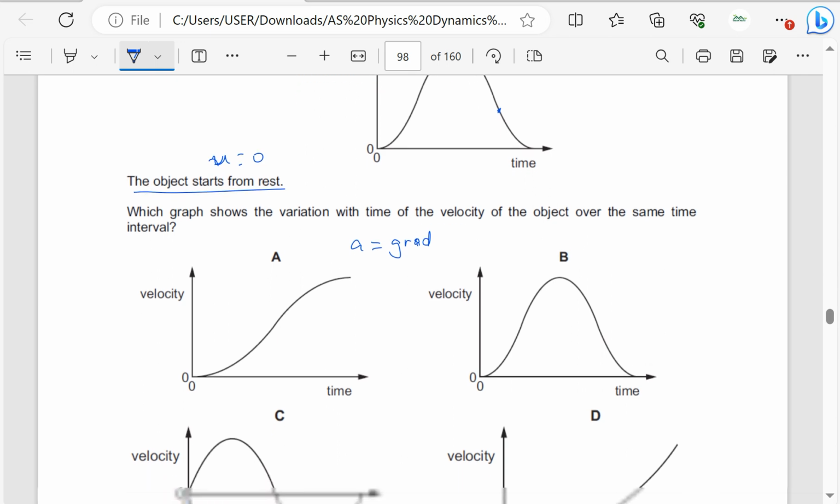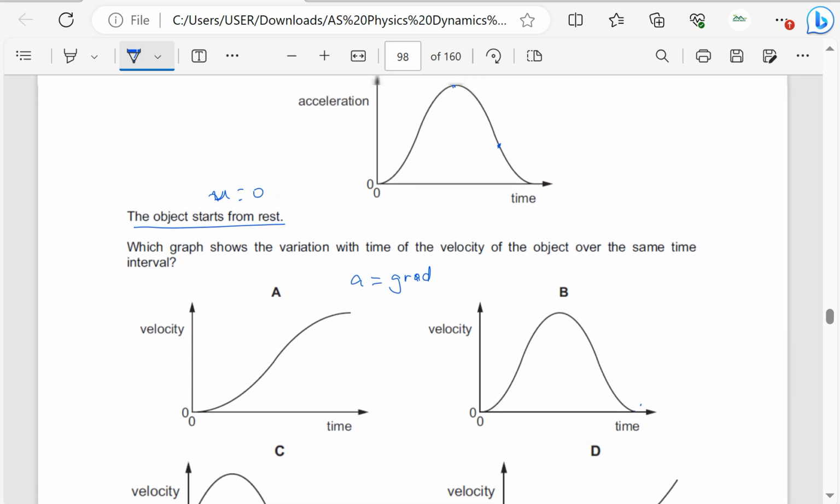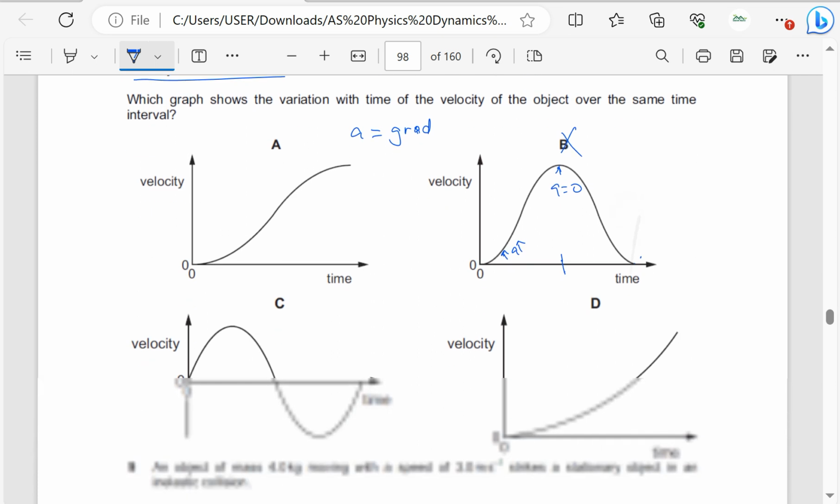So this means we eliminate this one. This one is also showing the final gradient is 0, but the acceleration increases to a maximum value and then decreases. Yet here the acceleration is equal to 0 at this time, when it should be maximum, so B is out.